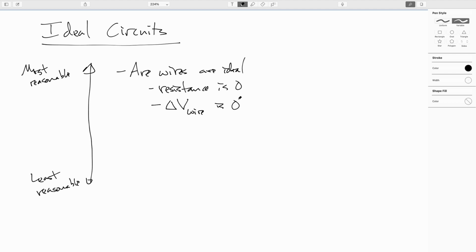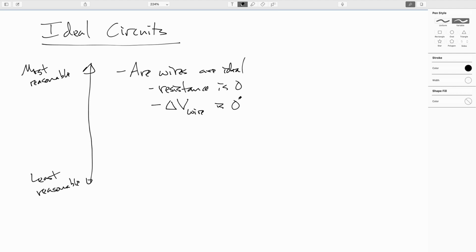Now, this ideal can break down, and something that we will get into when we look at AC circuits is if you are running your wires over very long runs. So for instance, like power transmission lines, stuff like that, which are hundreds of kilometers and even in a few cases over 1,000 kilometers long.